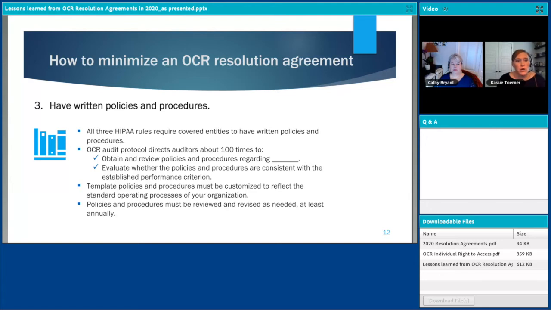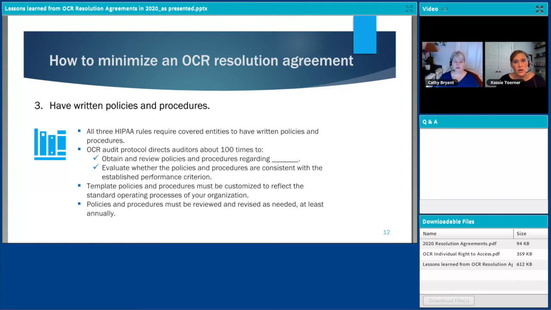Thirdly, having written policies and procedures in place. All three HIPAA rules require covered entities to have written policies and procedures. The OCR audit protocol directs the auditors 100 times to obtain policies and procedures and then to evaluate whether or not those policies and procedures are reflective of what the clinic is actually doing.